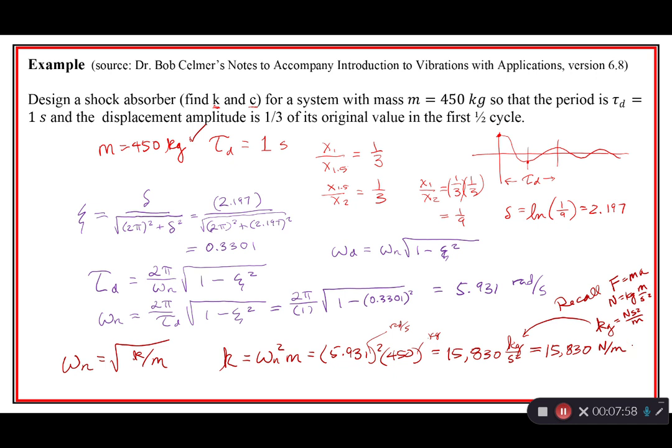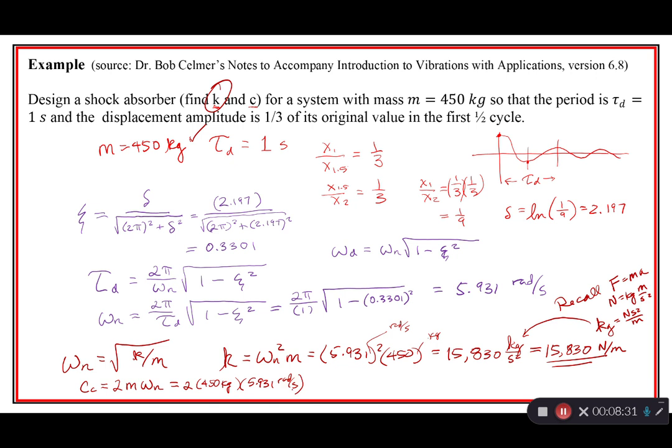So now with that, this is part of our answer, right? So that is find k. So now we just need c. So we get the critical damping, which is going to be 2m omega n. So 2 times 450 kilograms times the 5.931 radians per second.